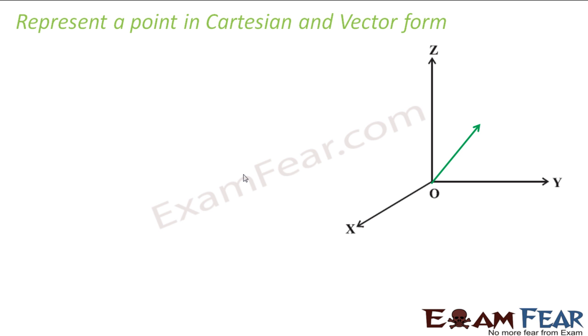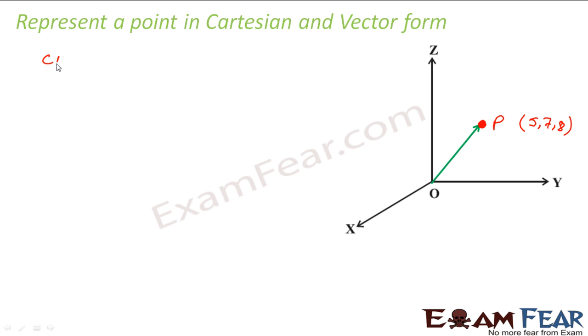Let's see how we represent a point in Cartesian and vector form. So I have a point, this is my point P, let's suppose. Not a line, only a point. I want to represent this in Cartesian form, and let's suppose the value of x, y, z here is 5, 7, 8.